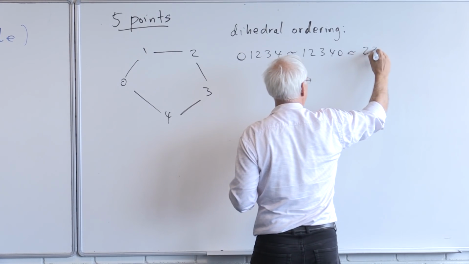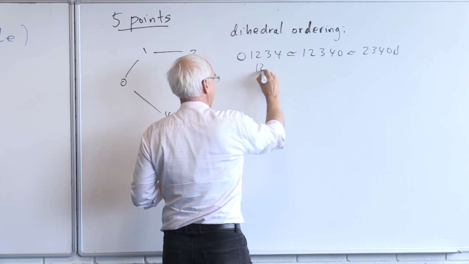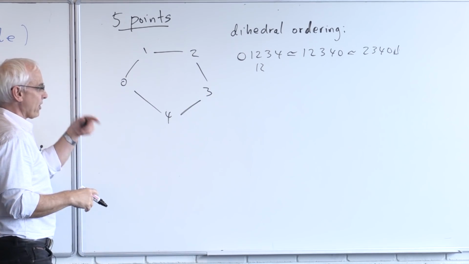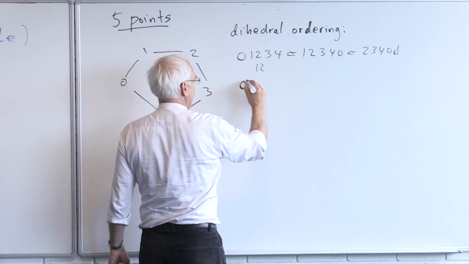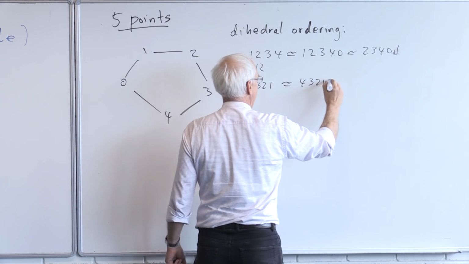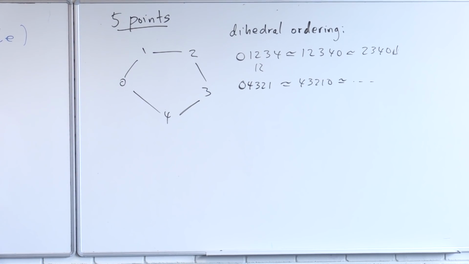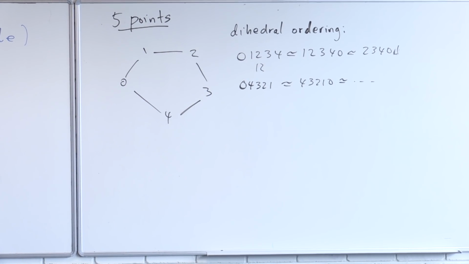So we're allowed to cyclically rotate. But we'll also agree that we're allowed to reflect, go backwards. So if we read this backwards, we get 0, 4, 3, 2, 1, which is the same as 4, 3, 2, 1, 0, and so on. So we'll call that a dihedral ordering.